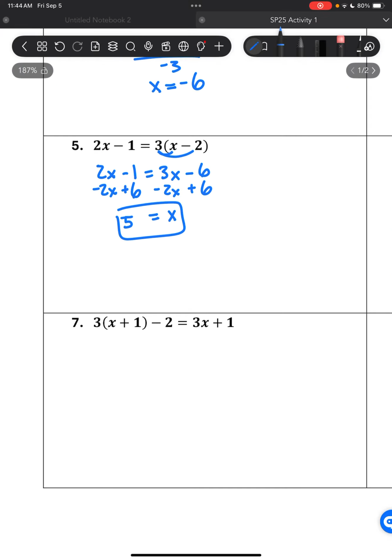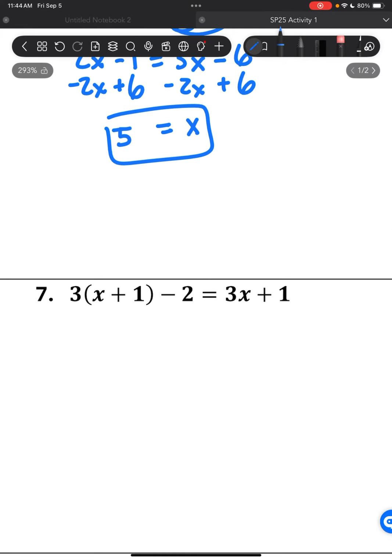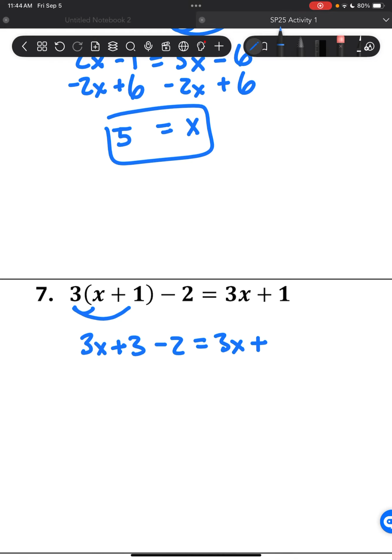Number 7. Again, when we see parentheses, let's get rid of those first. So we have 3x plus 3, and then we don't forget this minus 2 equals 3x plus 1. Now, let's simplify what we have here. We have 3 minus 2, right?